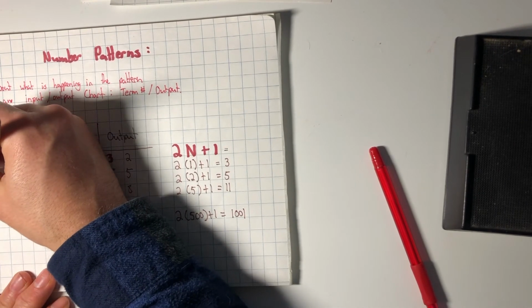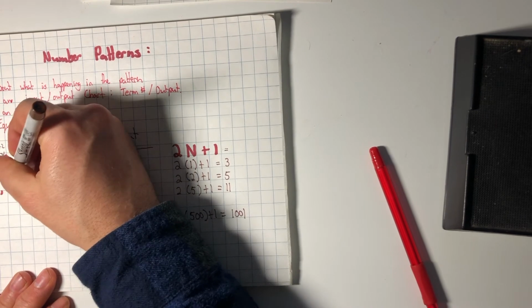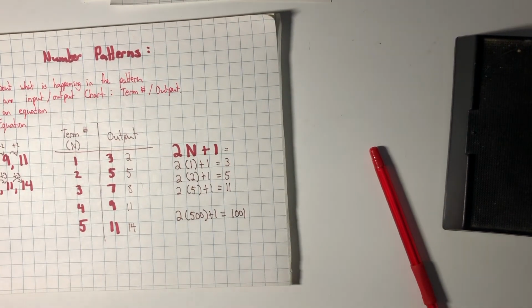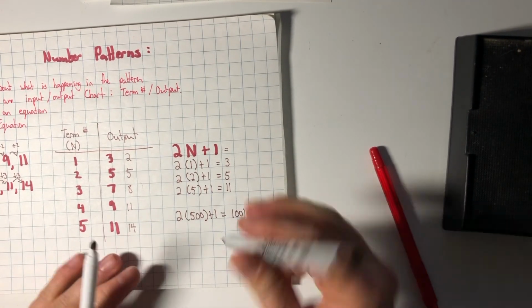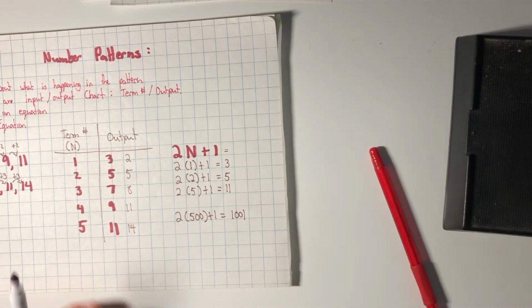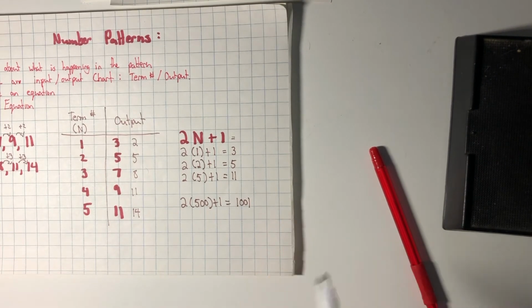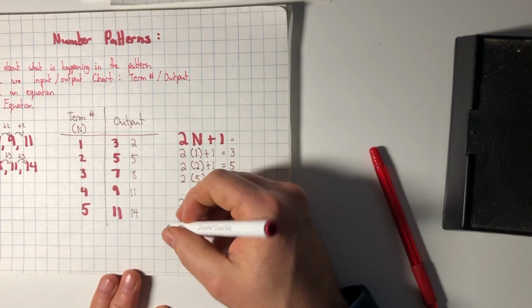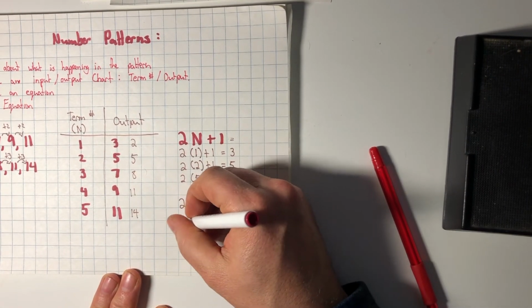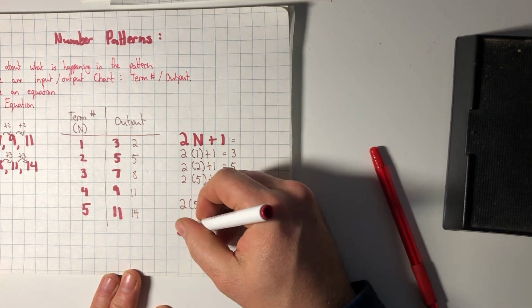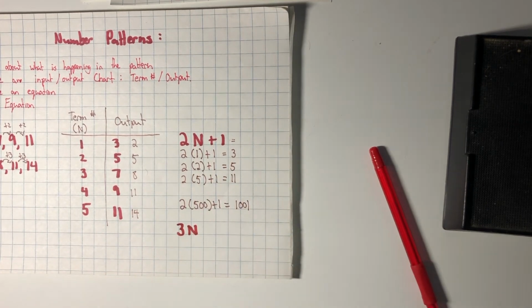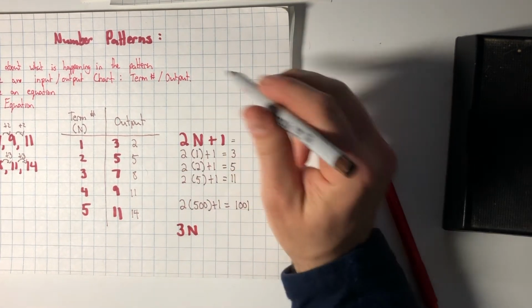So we know that when it's going up by 3 each time, it's most likely an equation that deals with multiplying by 3. So we'll try the first step, and we'll go 3 this time. So I'm multiplying 3 by the term number.